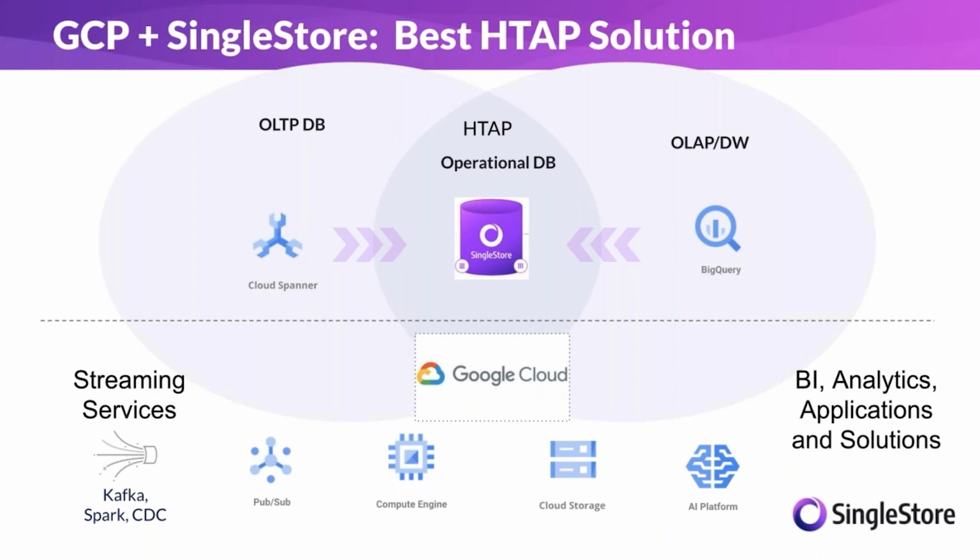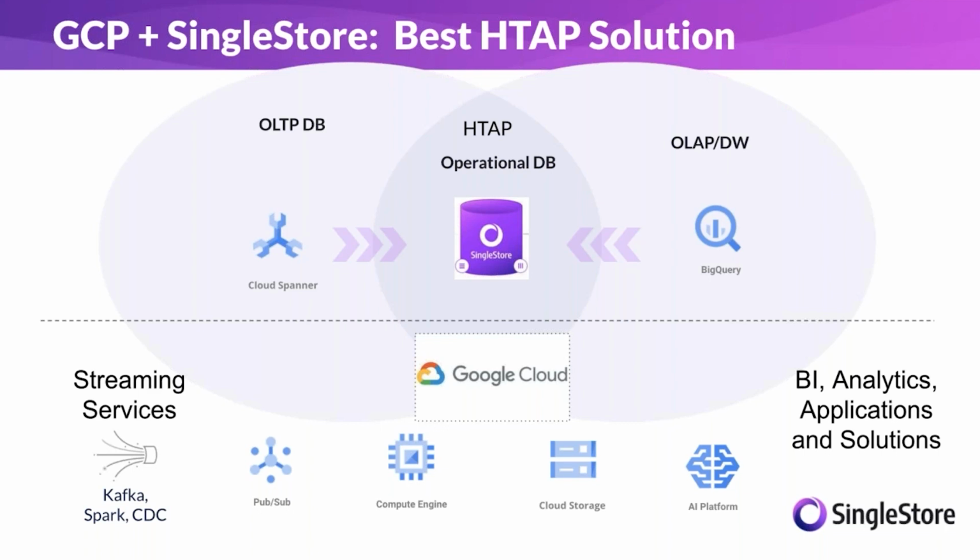And we like to talk about SingleStore complementing Google Cloud services like Cloud Spanner, like BigQuery. We've got customers using SingleStore as an operational DB for real-time, meeting real-time SLAs for mobile, internet-facing, and customer-facing workloads, and all the data is going into SingleStore for real-time and also into BigQuery as an example for long-term historical analytics.